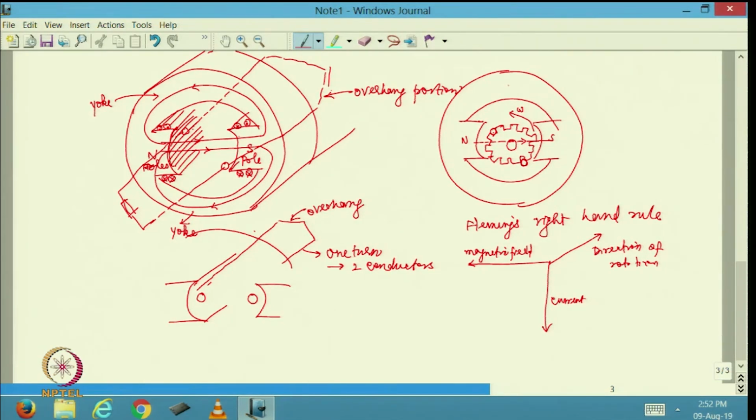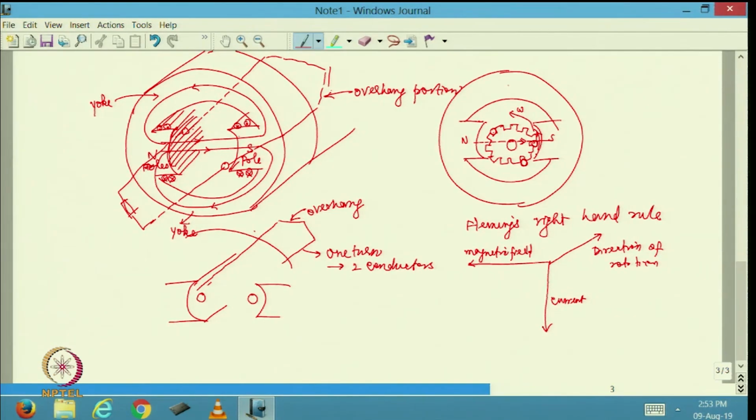Okay? So, if I am looking at the magnetic field direction like this, this is opposite of the magnetic field direction I have shown here, and I am going to look at the direction of rotation somewhat like this, which is actually perpendicular. So, I am showing this as the direction of rotation.